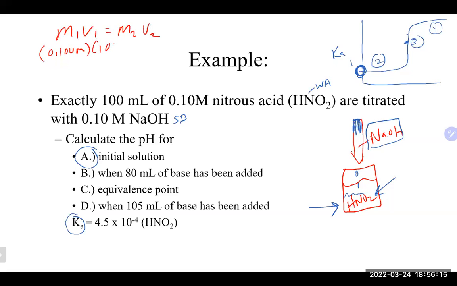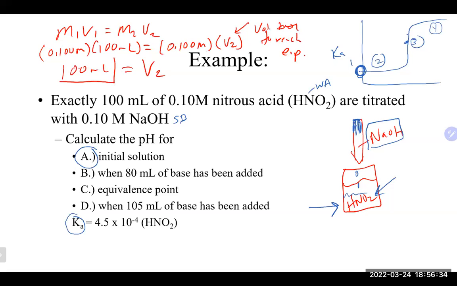We're starting with 100 milliliters. Our molarity of our base is 0.01 molar, and we're looking for V2, which would represent the volume of base to reach the equivalence point. And if you solve for V2, it will equal 100 milliliters as well.